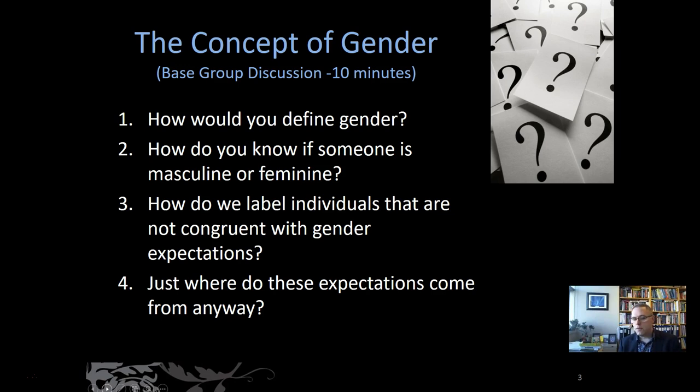So, where do these expectations come from anyway? Well, I think that the big answer would be society in general. There are social norms that develop out of the social context in which we live. But I think we also have to keep in mind that although there are definitely some local social contexts, there are larger forces at play.